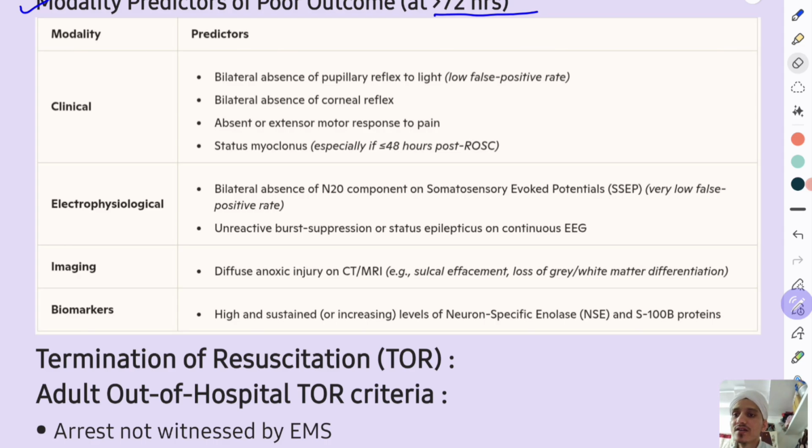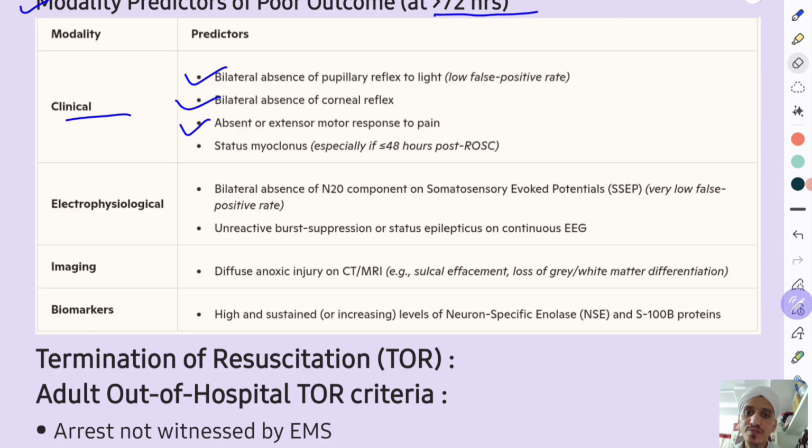Okay. Clinical signs, poor predictors: bilateral absence of pupillary reflex to light, low false positive rate, bilateral absence of corneal reflex, absent or extensor motor response to pain.